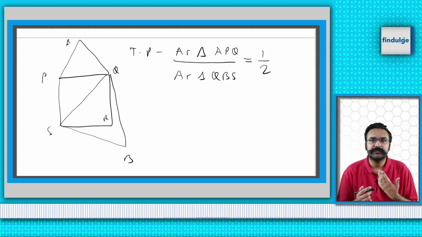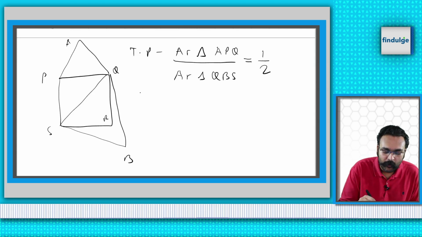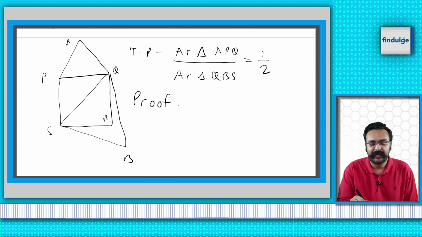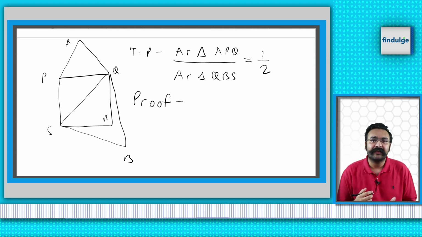So the approach is very, very simple. It is given to us that these are both equilateral triangles. If they are equilateral triangles, all angles are 60 degrees.